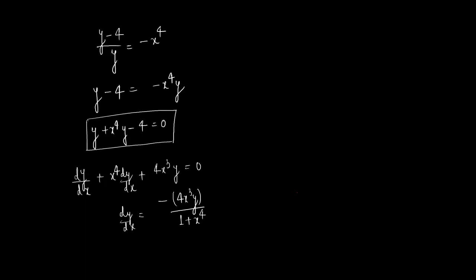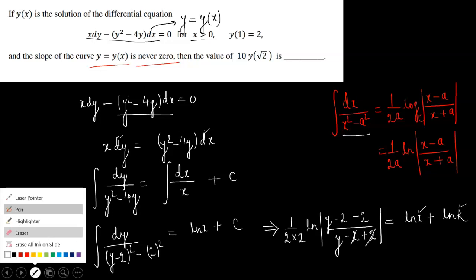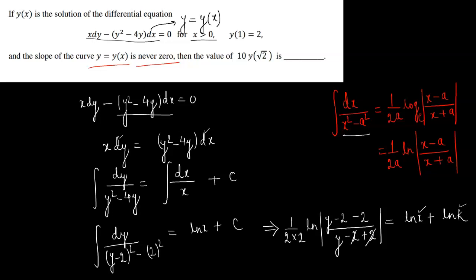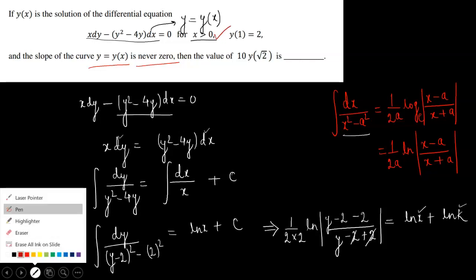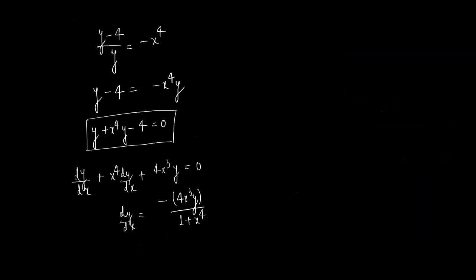Since x is always greater than 0, it is itself given in the question that x is positive, so x cannot make this dy by dx 0.